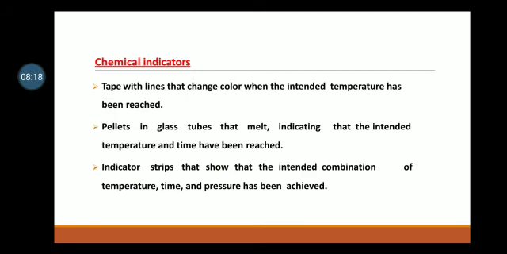Chemical indicators: tape with lines that change color when the intended temperature has been reached. Pellets in glass tubes that melt, indicating that the intended temperature and time has been reached. Indicator strips that show that the intended combination of temperature, time, and pressure has been achieved.